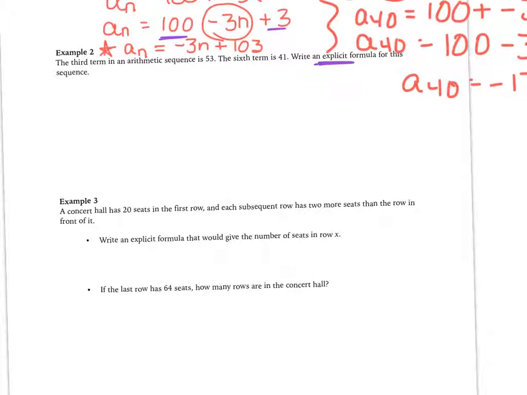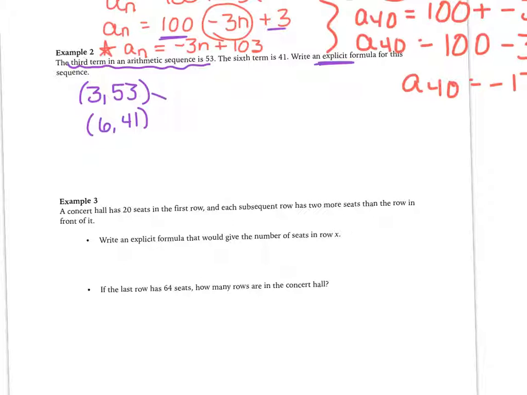So if you say term 5 is 12, then 5 comma 12 is a pair of numbers that goes together. So I'm going to pair up this information and treat it like a coordinate. I'm going to say 3 is paired up with 53, and 6 is paired up with 41. And then I'm going to treat this just like a linear equation.